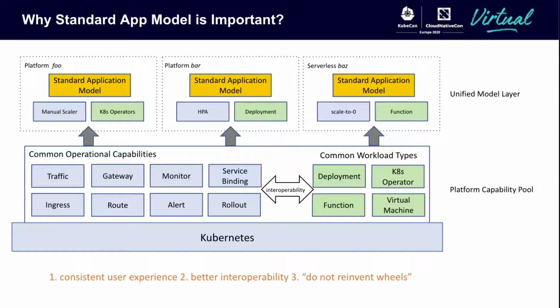And every platform here will have its own unique workloads and traits to serve different scenarios. For the common workloads and traits, we don't need to reinvent the wheel anymore, because all these platforms now share a common pool of capabilities. So platform builders just pick what they want and assemble them into their own platforms. It's just easy and neat.